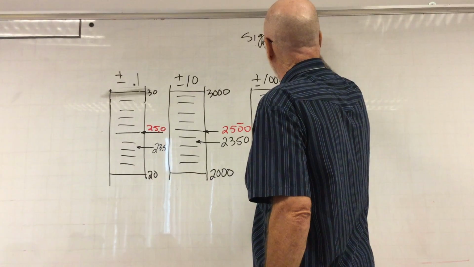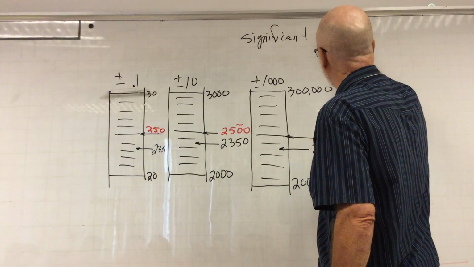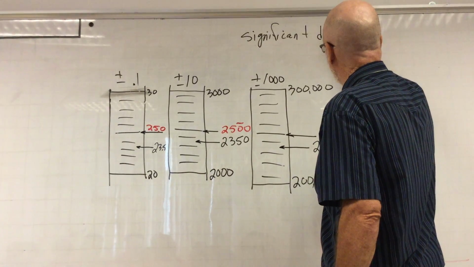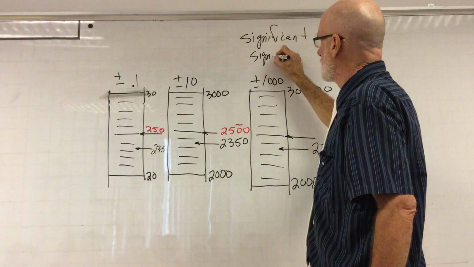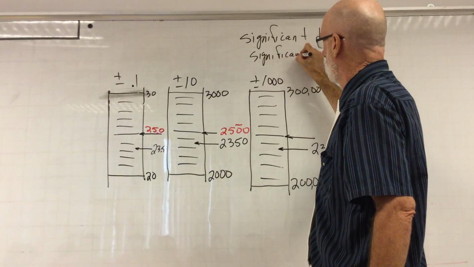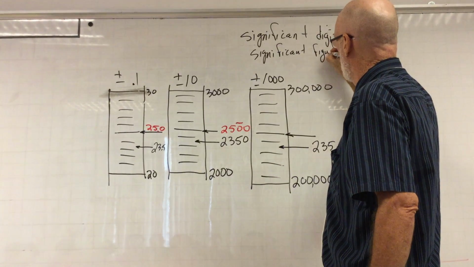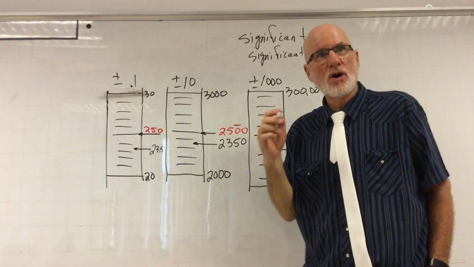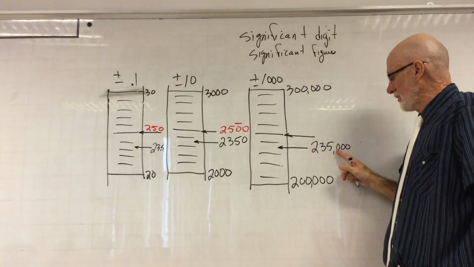We call them significant digits. How do you spell digit? D-I-G-I-T. Okay, I want to put a D in there. Or significant figures, something you read from an instrument. So are these significant here?